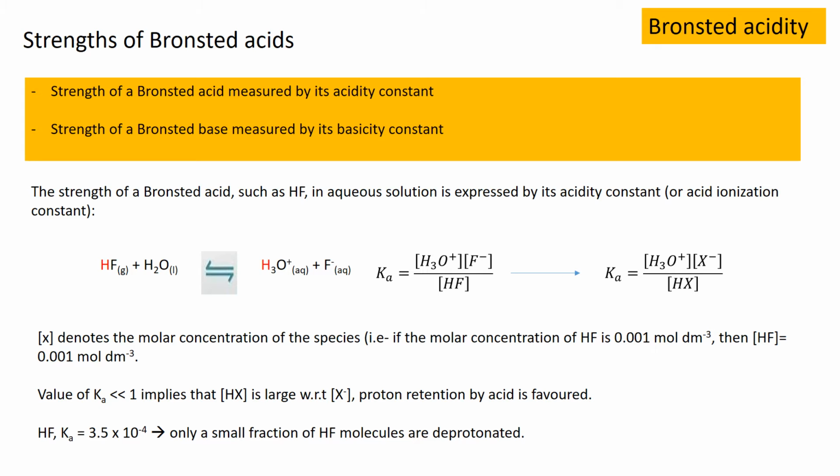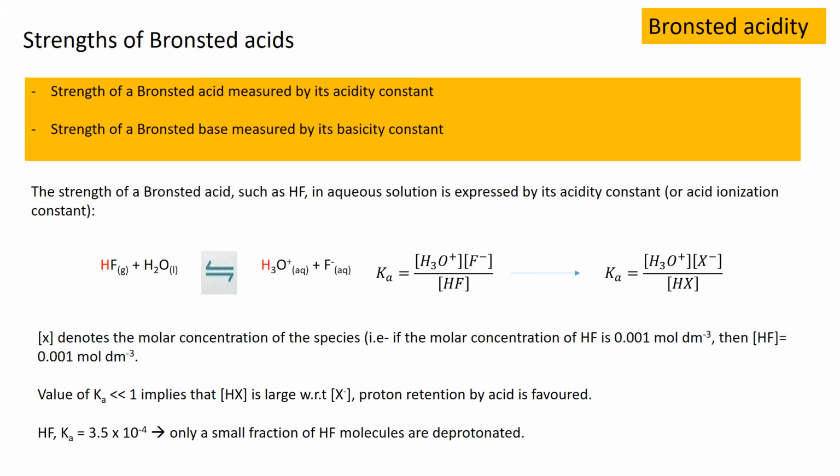Okay, so what about the strength of a Bronsted acid then? Well, we measure the strength of a Bronsted acid by its acidity constant, and conversely, we measure the strength of a Bronsted base by its basicity constant. Let's focus on the acid, although the concepts are exactly the same for the bases.